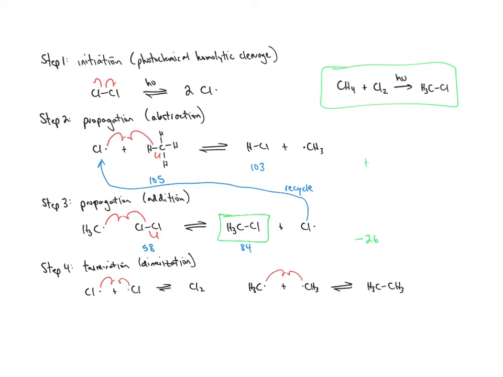Here's plus 2. And so the net result is minus 24 kcal per mole, an exothermic reaction. Free radical bromination operates by the same mechanism, but is much less exothermic since the first propagation step is highly endothermic, plus 17. And this will have consequences for selectivity when using more complicated alkanes.